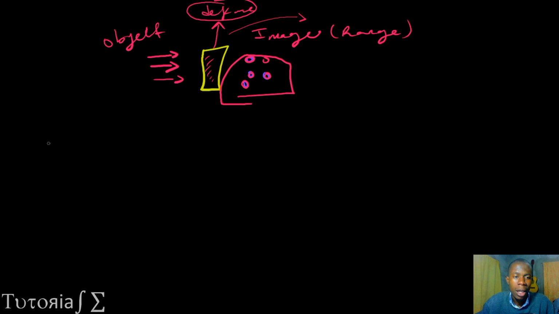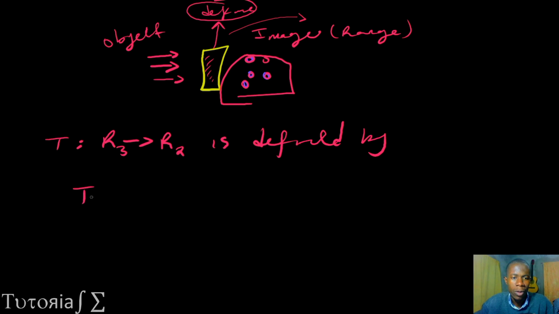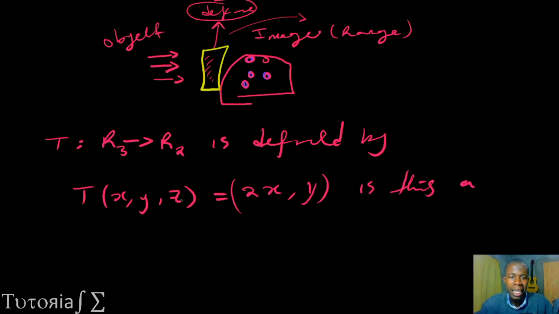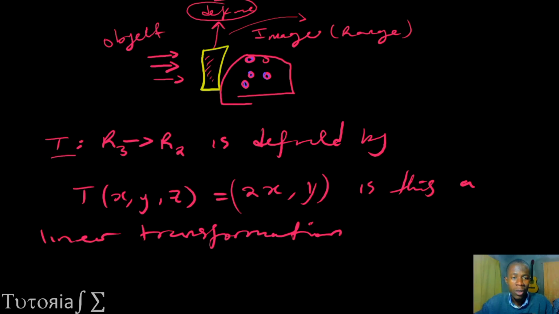Okay, so we'll be given a definition. So for instance, you have a question like this: given a transformation that changes vectors in 3 dimensions to vectors in 2 dimensions, which is defined by this transformation.